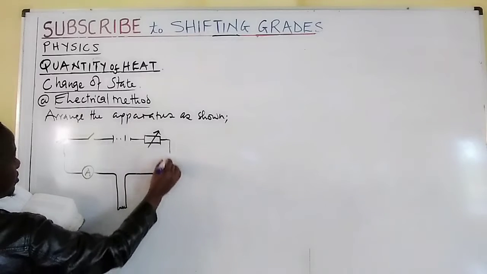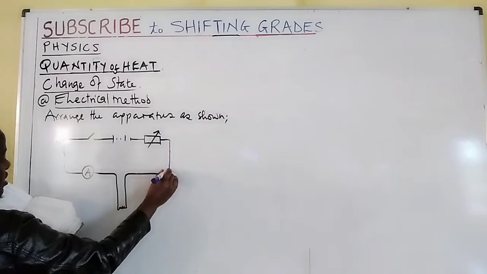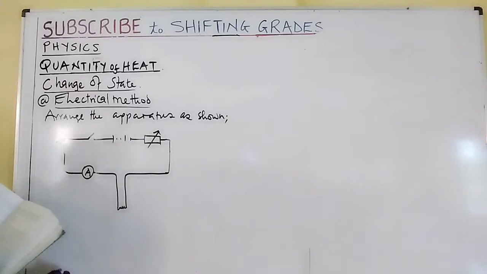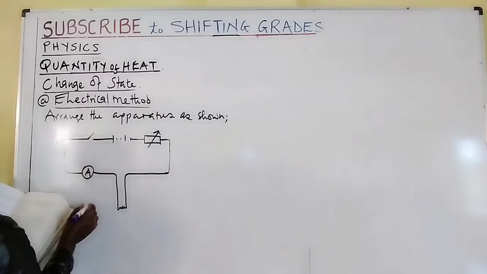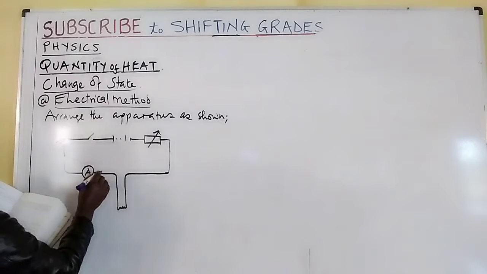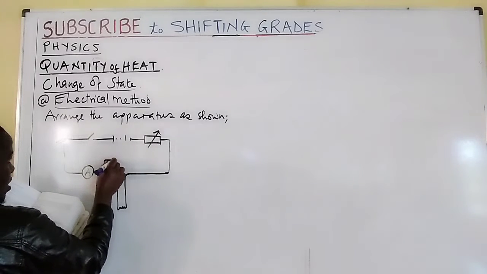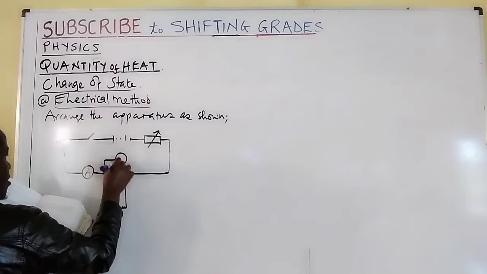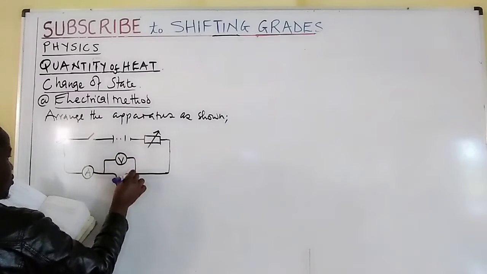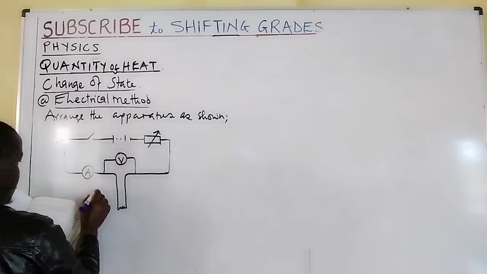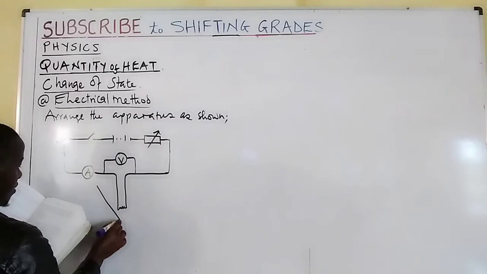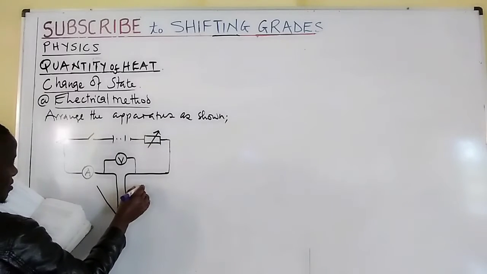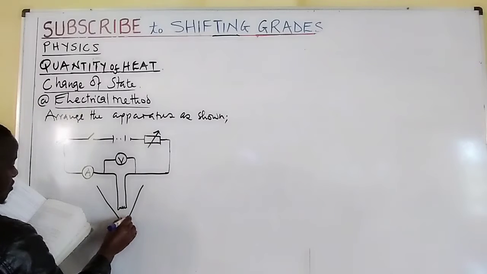So we want to see how we can determine the latent heat of fusion of ice using the electrical method, when ice has been melted using electricity. Therefore, we have a funnel here which is filled with ice.